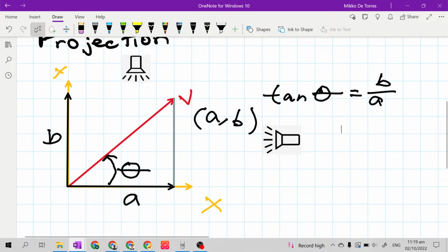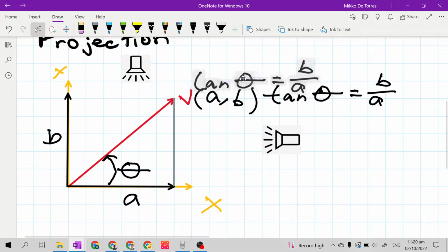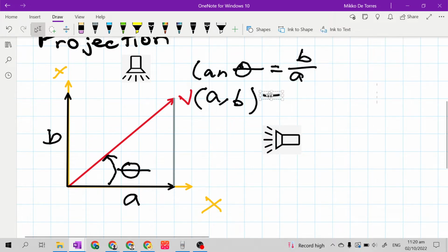Okay, the opposite side is the B at the y-axis, and the adjacent is A at the x-axis. So we can describe the position of V using the projection A and B at the x and y axis, and its direction.